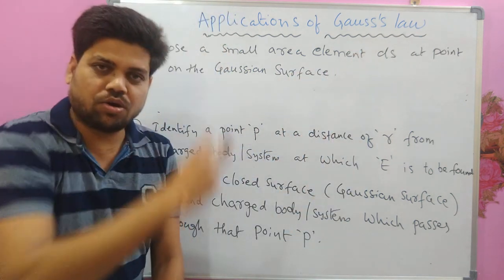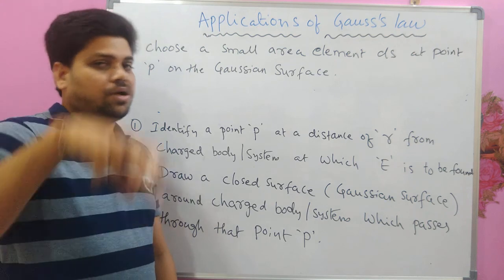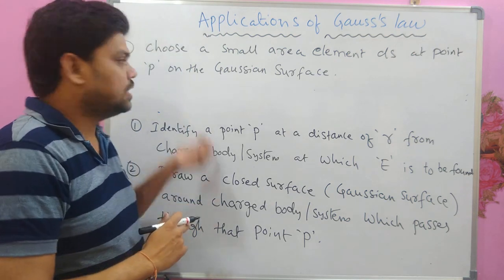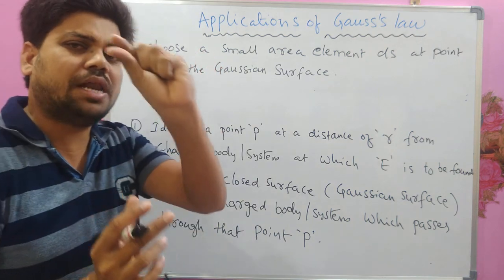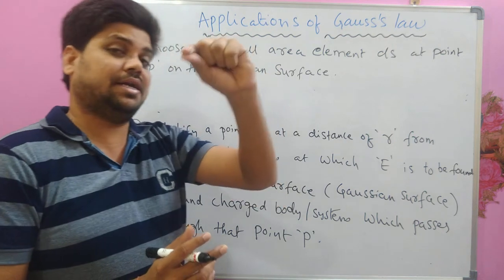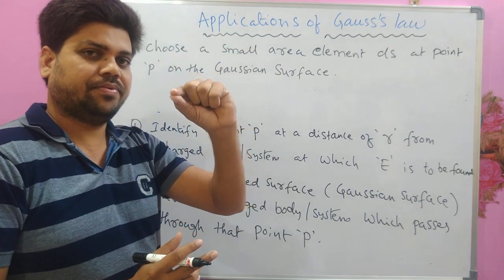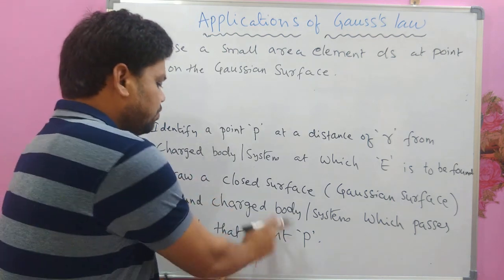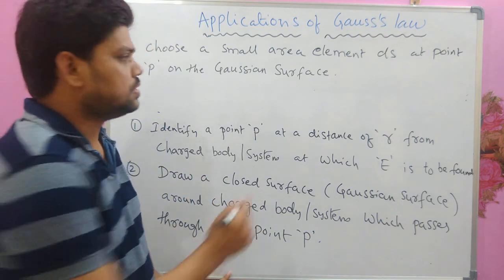You have drawn a closed surface passing through that point P around the charged body in the second step. In the third step, you are choosing a small area element ds at that particular point P on the Gaussian surface that we have drawn in the second step. This is the third one.